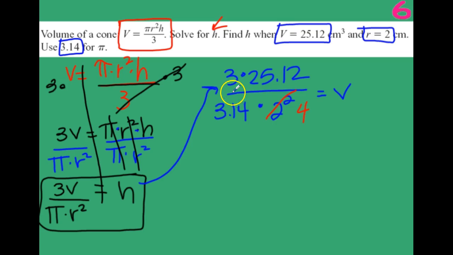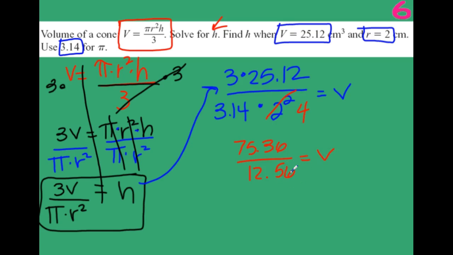So on the top, I'm going to plug that into my calculator. 3 times 25.12 will give us 75.36. On the bottom, 3.14 times 4 is 12.56.